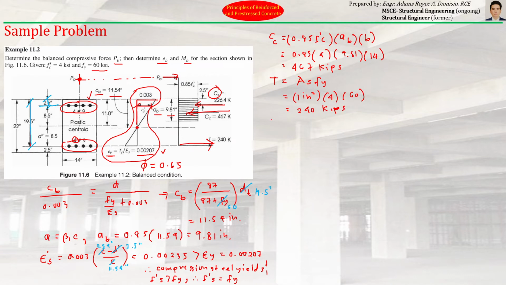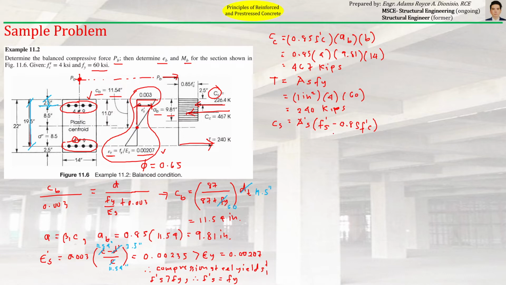Okay. And then lastly, yung Cs. Cs is just equal to As prime times, supposedly ganito yung formula niya, fs prime minus 0.85 fc prime, taking into consideration the effect of the compressive concrete na na-displace.